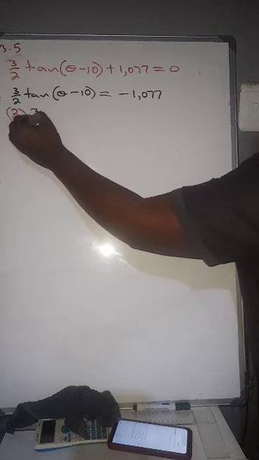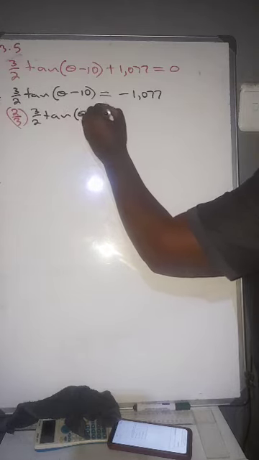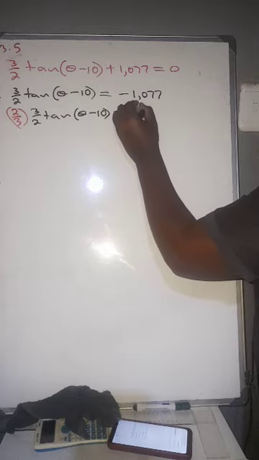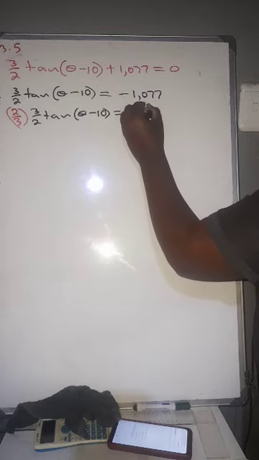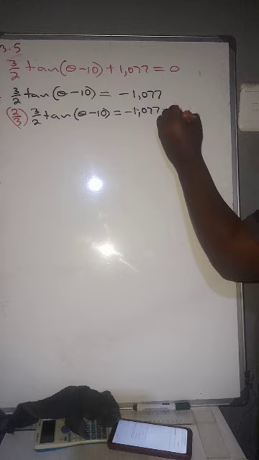Multiply 3 over 2 tan theta minus 10 is equal to minus 1.077. This is multiplied by 2 over 3.